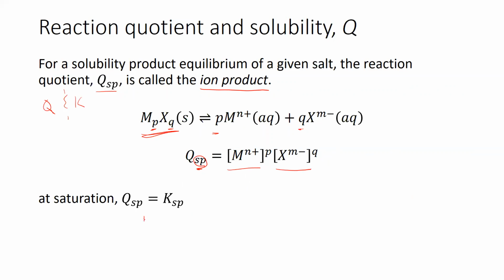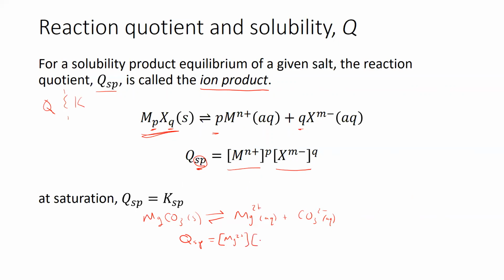So if you're looking at something like magnesium carbonate solid, in that case, since we know magnesium carbonate dissociates into a magnesium 2+ plus a carbonate, it's going to have a Qsp that has the same basic structure as the Ksp, similar to what we've done with Qs and Ks in the past.